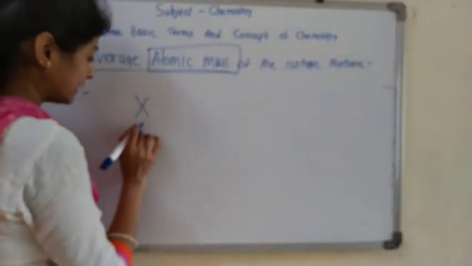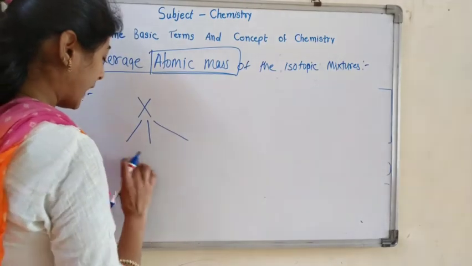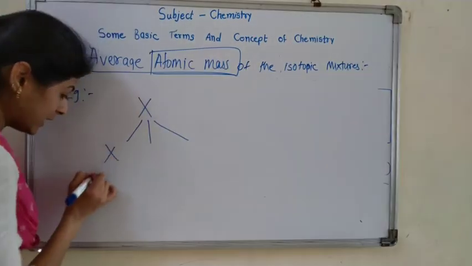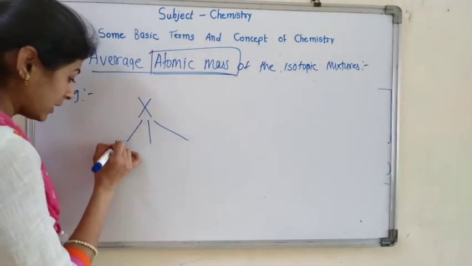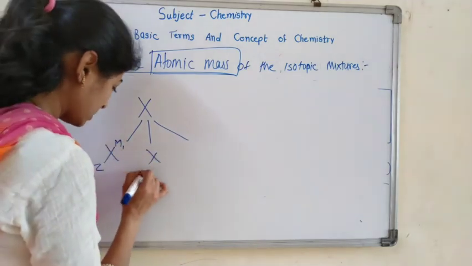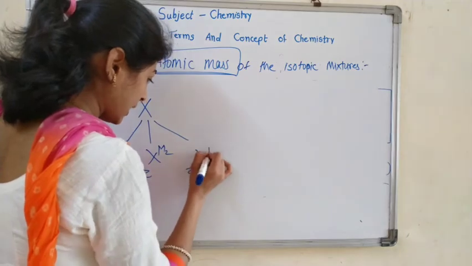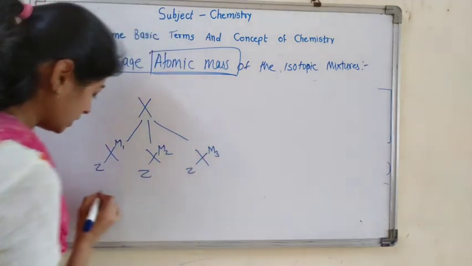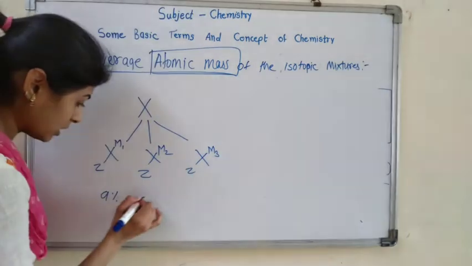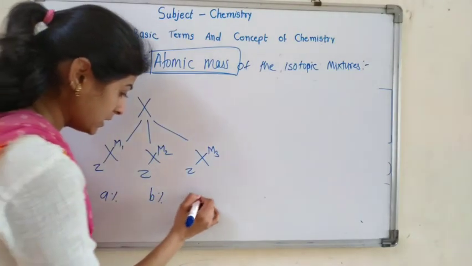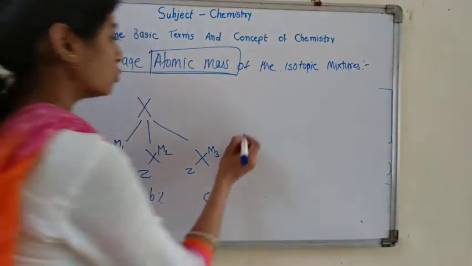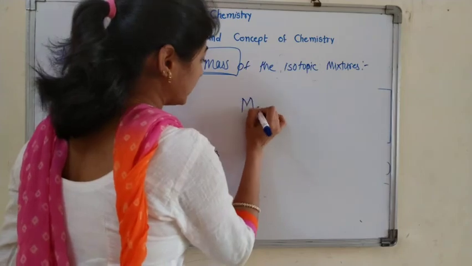Now, if there is an element having three isotopes, that is M1, X, Z, M2, X, Z and M3, X, Z, available in A%, B% and C%, what will be the formula for average atomic mass?